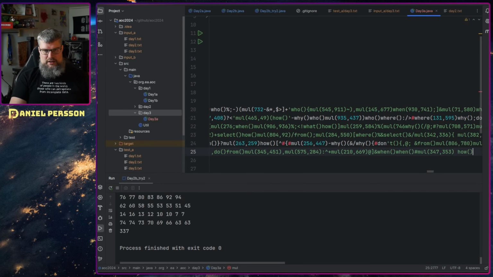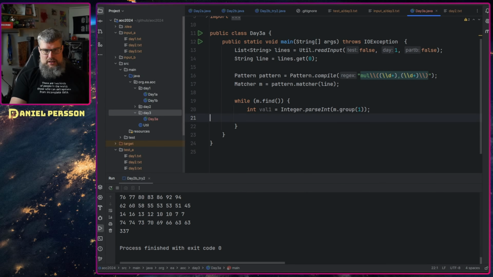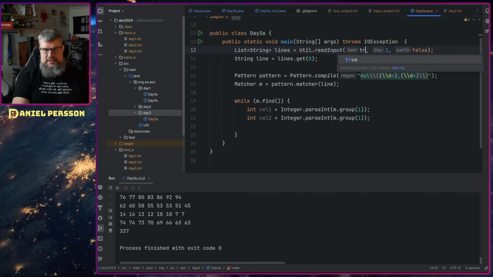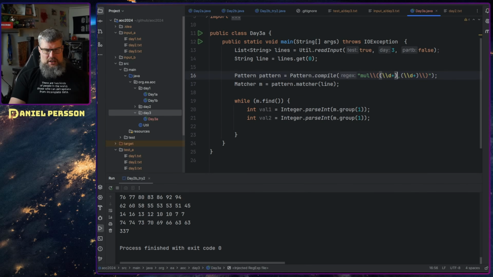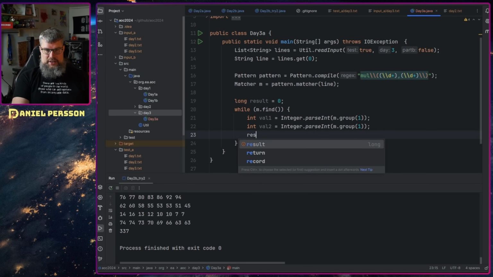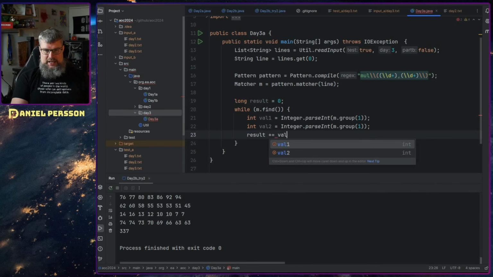And then the actual data, val2. So let's take the test as well here, and it should be day 3. And then we have a long result. Result plus equals val1 times val2.